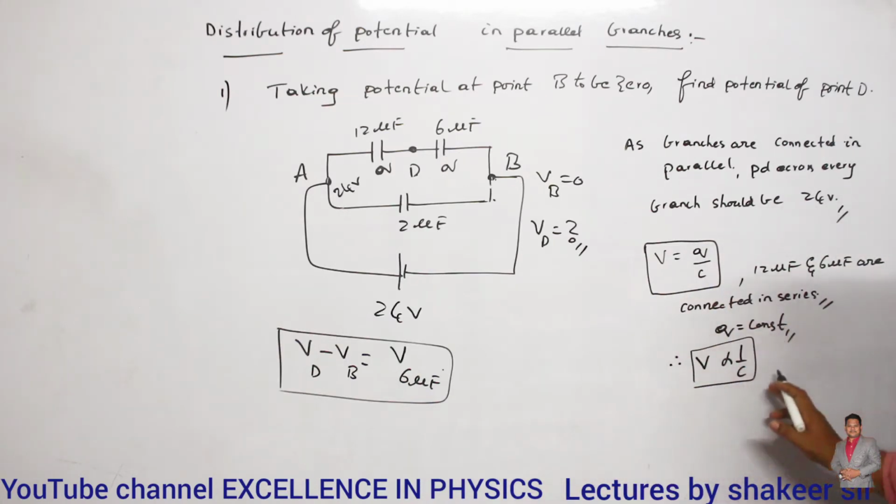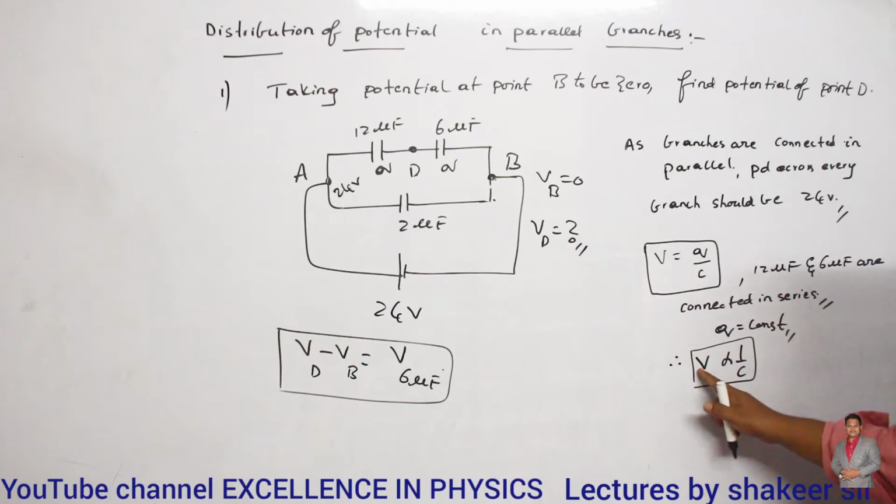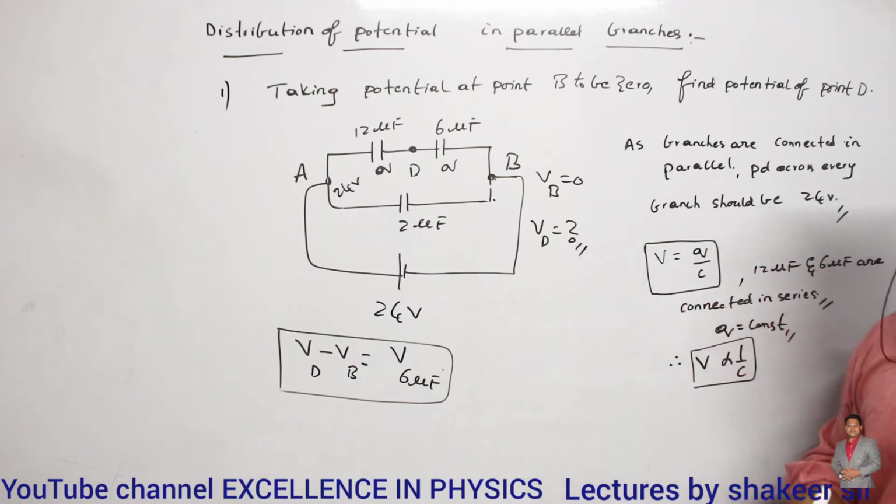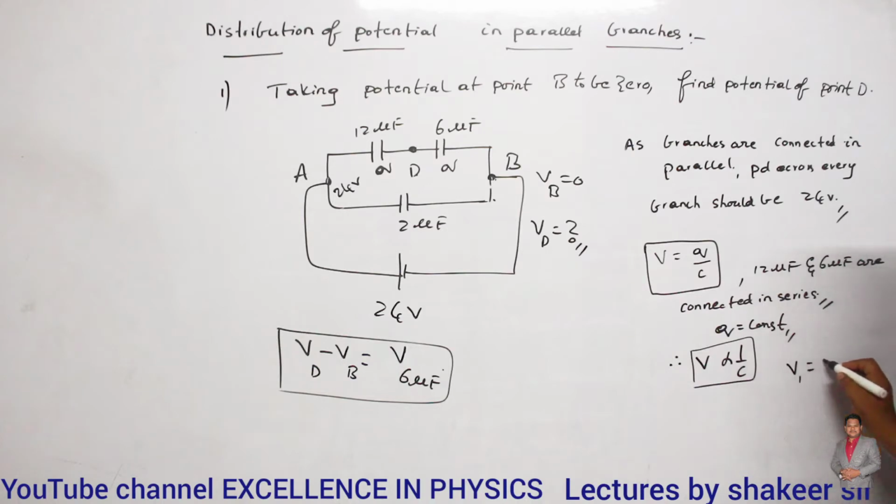Already we have derived a relation between potential difference and capacitance if two capacitors are connected in series. The relation is V1 is equal to V into C2 divided by C1 plus C2. Do you remember this? In previous calculations, we have calculated this.